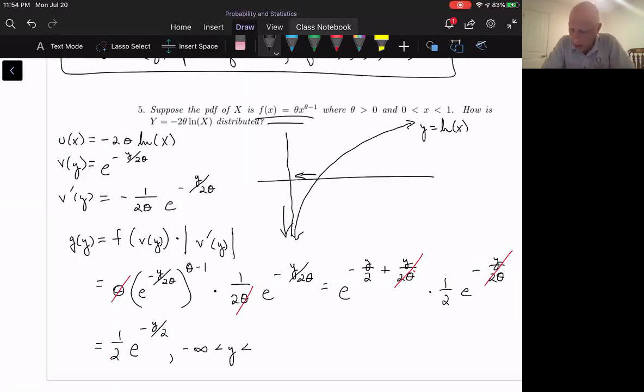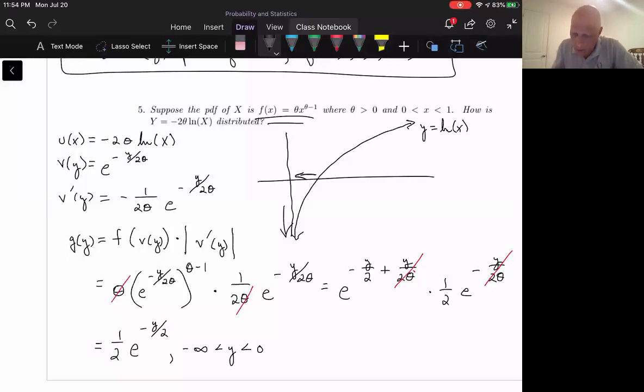And so here we've got negative infinity as our lower bound. And then as x goes to 1, what's the natural log of 1? 0, good. And even though it's multiplied by negative 2 theta, it's still going to be 0. So that's our support for this scenario. Actually, I switched something.